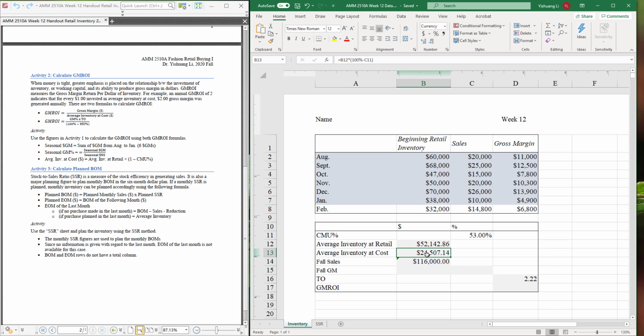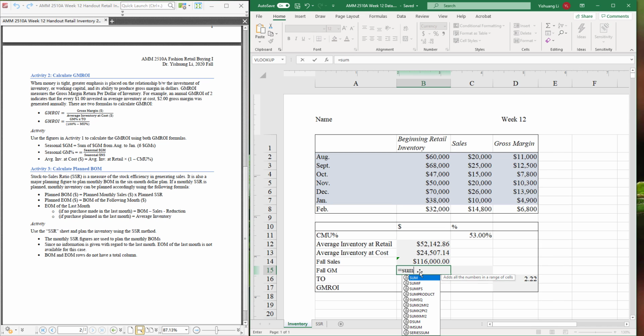We are going to look for the gross margin in dollars. The gross margin equals the sum of the monthly gross margin. So what we can do is to use this function again, selecting only the months that belong to this season, 6 of them.